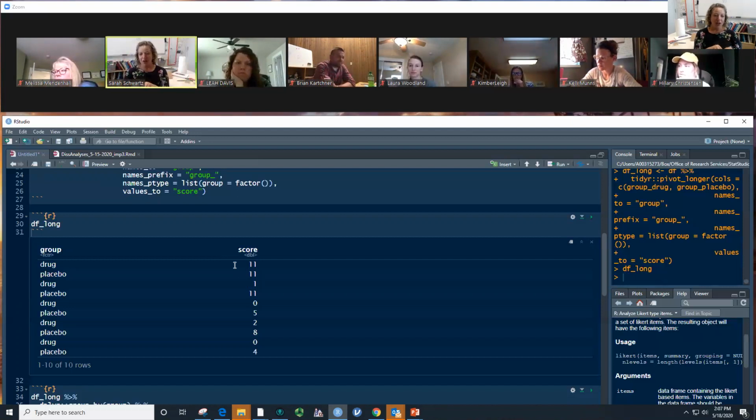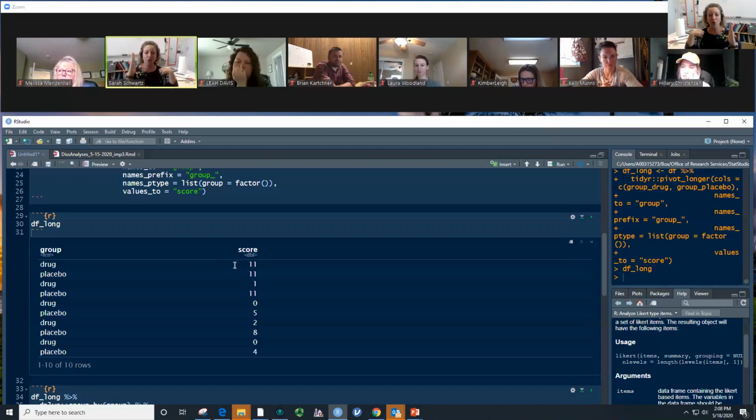All right, so when you have a data set like this, it is called a tidy data set. Tidy data has 1 line per observation, 1 column for each variable. We have 1 column that designates which group they're in, another one for their score. So their score, we're treating as continuous, interval, ratio. What about the group variable?